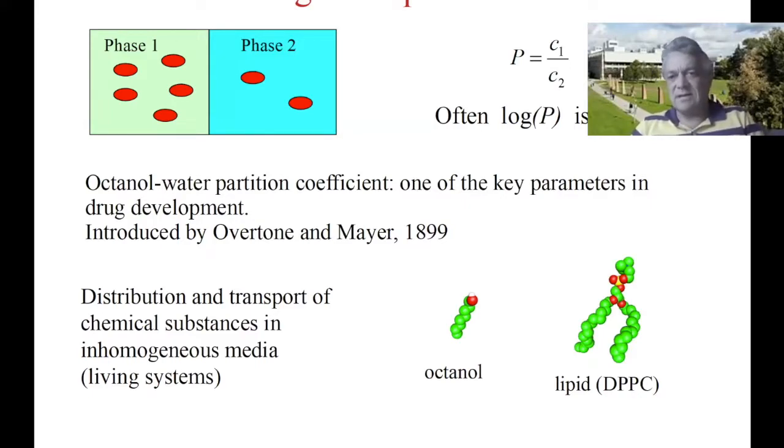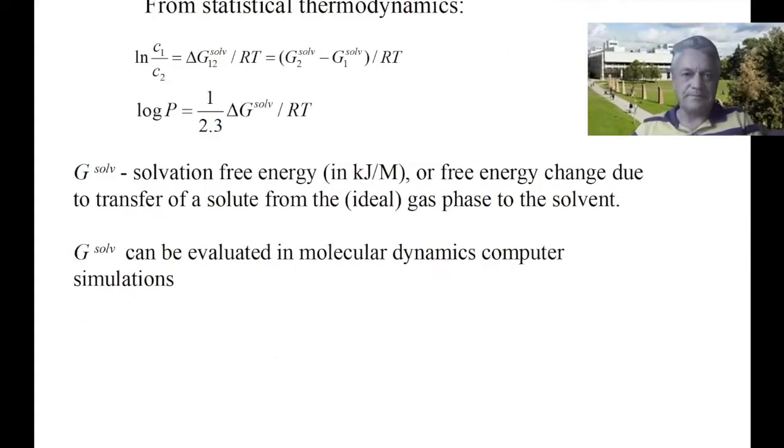To do this efficiently, the log P of the corresponding molecule should be in a certain range. For example, if we have a too hydrophilic molecule, it just will not go into the membrane and cannot penetrate the cell. So this is one of the parameters by which drug candidates are screened during drug development.